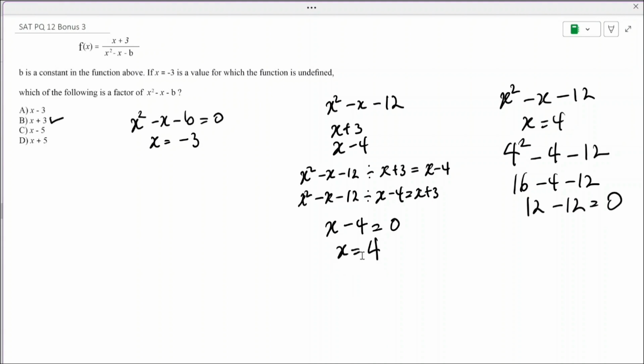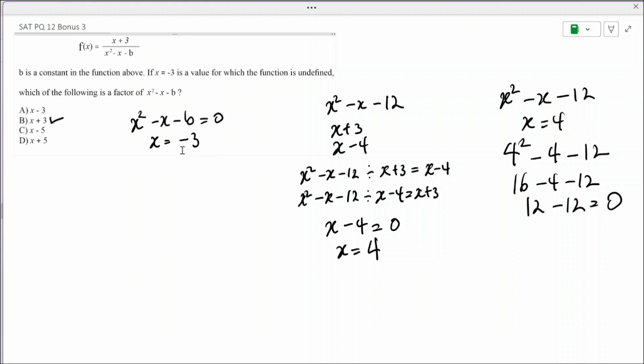Now, to get back the factor, you have to take the number back to the left to meet with x. You now have x minus 4 equals 0. Ignore the equals to 0. And you can then take x minus 4 as a factor, as in this case. So if it's stated that x equals -3 can turn this expression into 0, that means if we take it from undefined value to divisions in polynomials, we can create a factor from this.